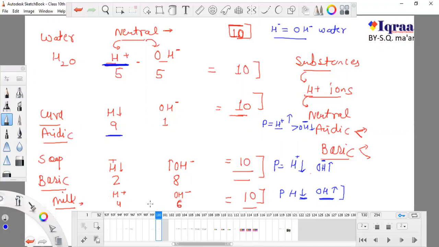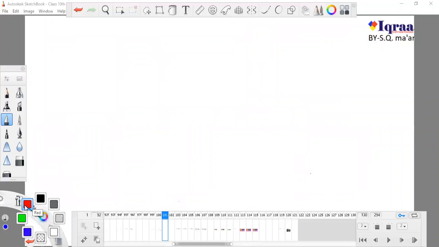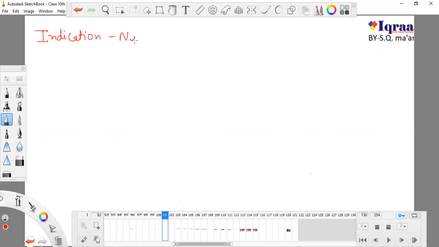So each and every time, for indicating the nature of a substance, whatever you are using, whether water, which is neutral, or milk, curd, your soda drink, juice, soap, shampoo, food, whatever you're using, it could be neutral, acidic or basic.